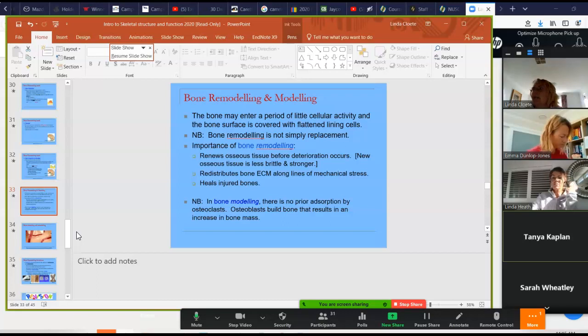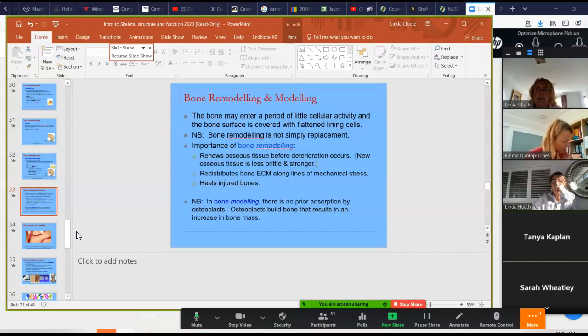And the same thing applies, for example, if suddenly you've got a person who's never been really athletic and they start taking up a sport and they're using a certain bone a lot. So for example, tennis players, the arm that holds their racket, the bones in that arm are substantially bigger than the bones in an arm that they don't use.